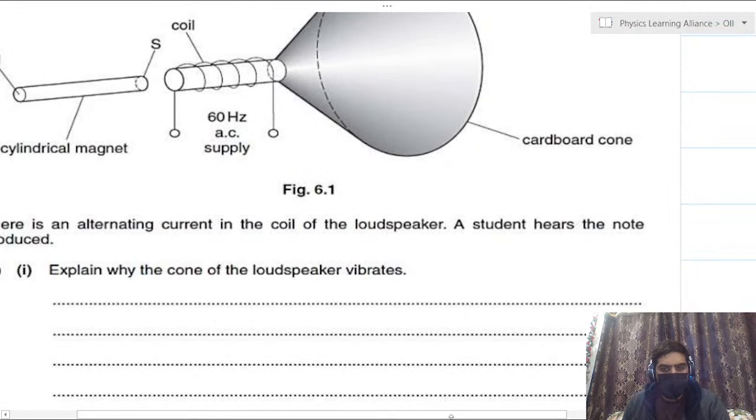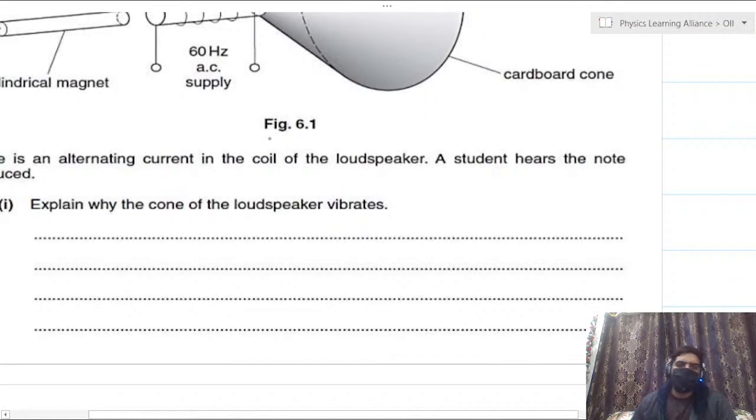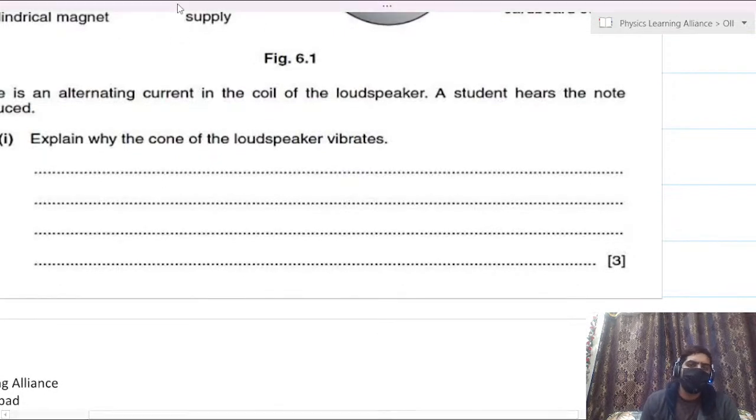A very generic recurrent question, and we have a generic answer for that. Every time they ask you, basically what they are asking you is the working of the loudspeaker. We have a generic answer for that, just like we have a generic answer for a question in which they ask you, how can you determine the pattern of magnetic field of a bar magnet?